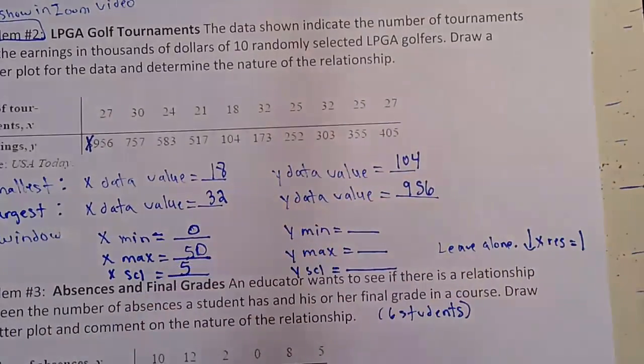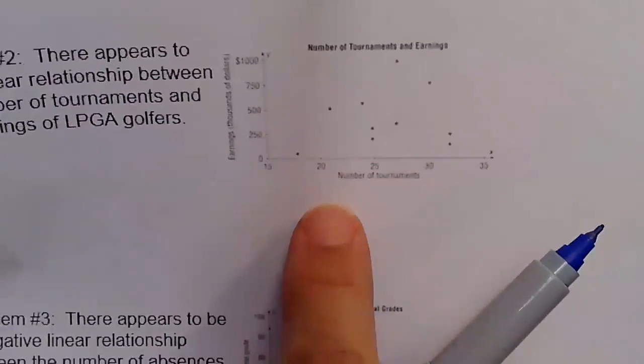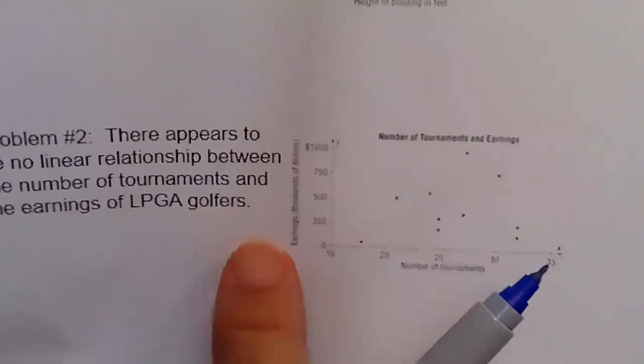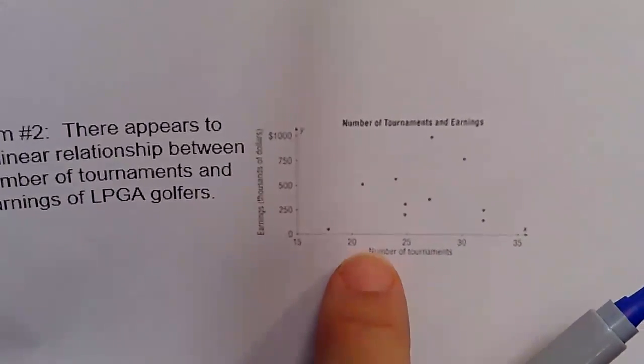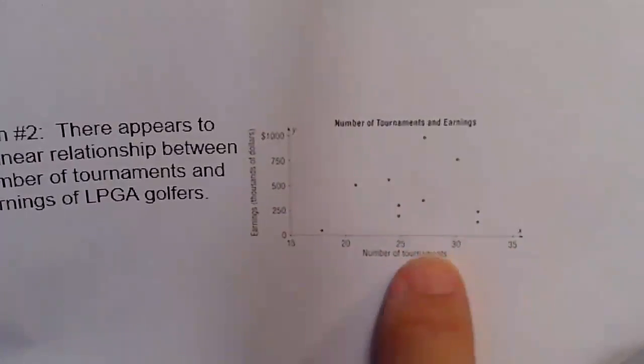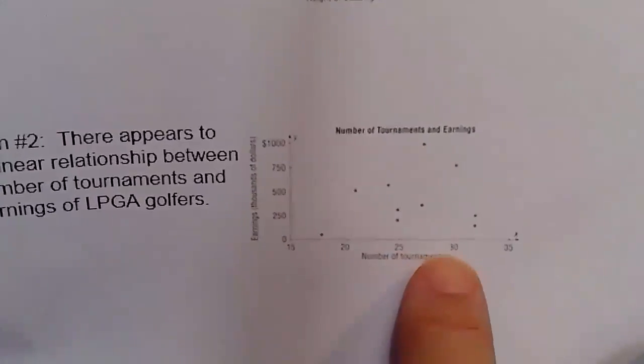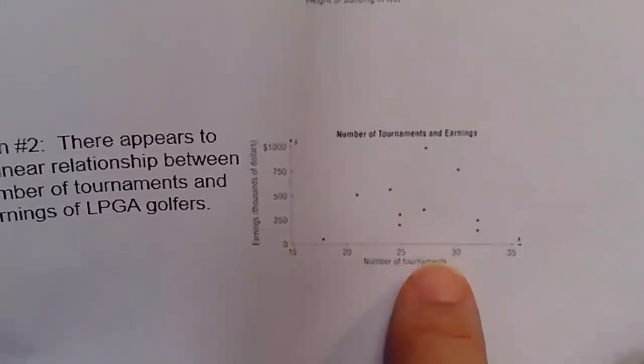And let me just look ahead and see what the book used, so I have an answer key on page 53. Let's see what they use for the X. It looks like they use 20, 25, 30, 35. So they use increments of 5 also. Yeah, they use increments of 5.